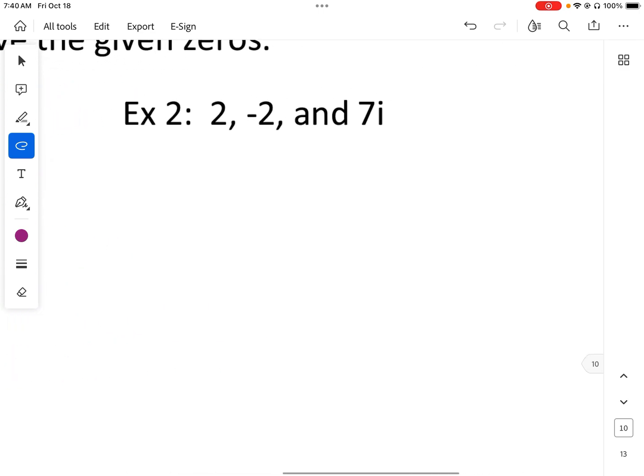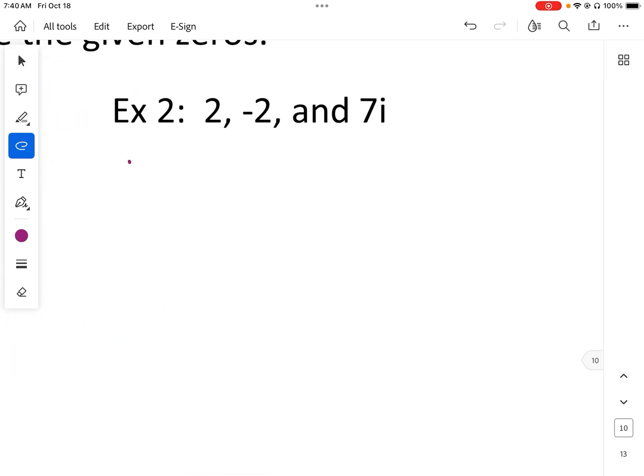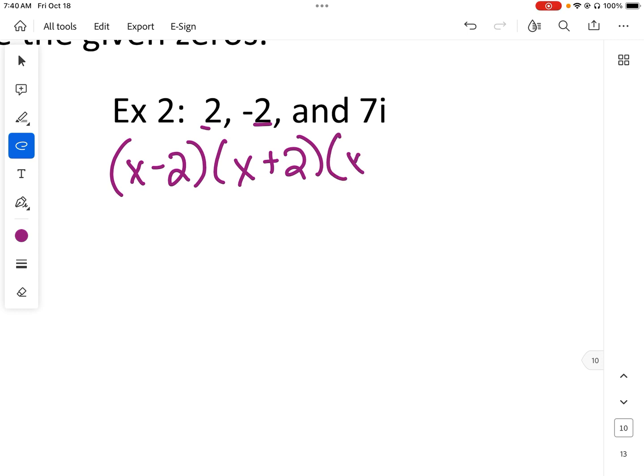Okay, let's go to the next one. We have zeros of 2, so x minus 2, and x plus 2. So that covers these zeros. And then x minus 7i and x plus 7i.